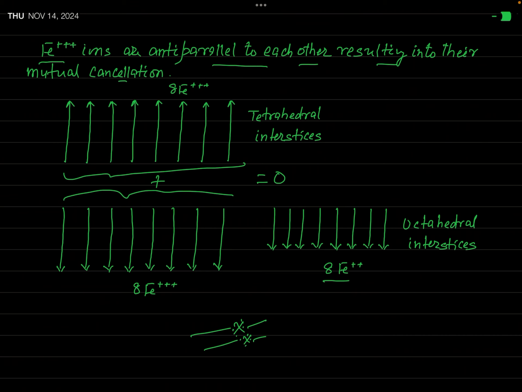Okay. And in this way we can explain the saturation magnetization of a ferrite. So this is all about what ferrimagnetism is, how it arises, what the crystal structure of ferrites is, and how we can explain the saturation magnetization. This was an introductory part of the lecture on ferrimagnetism.